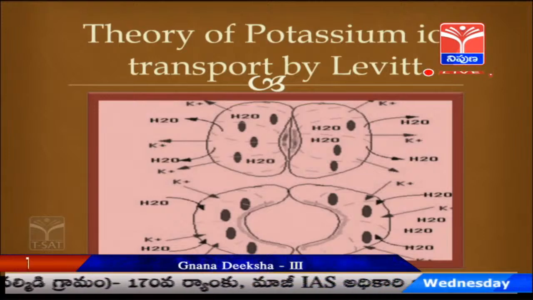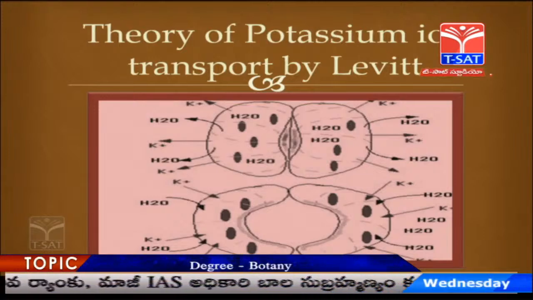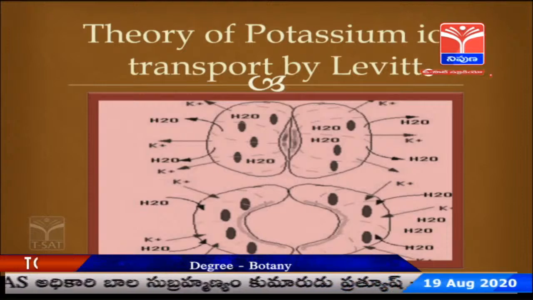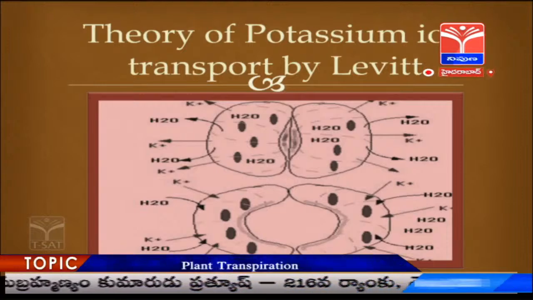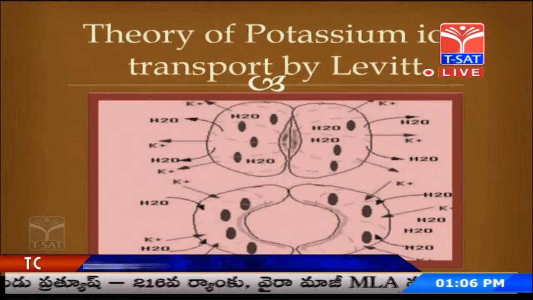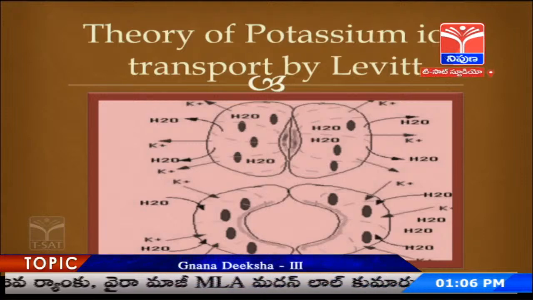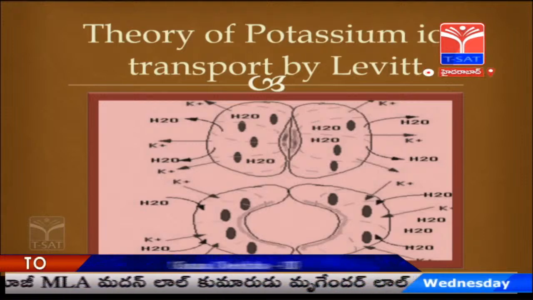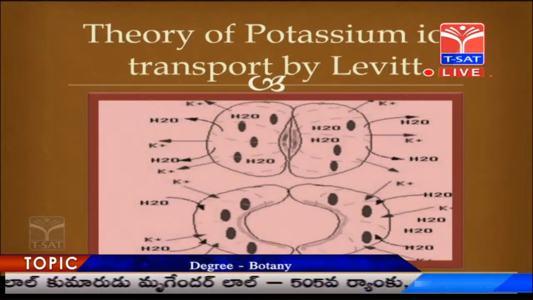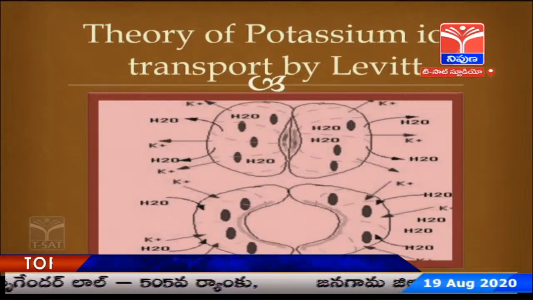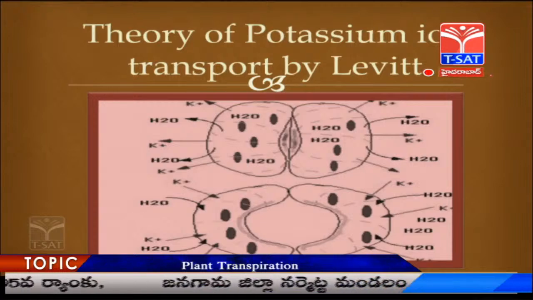They maintain that electrical balance, leading to turgidity and opening of the stomata. This is known as the potassium ion pump. So, H plus extrusion occurs and the hydrogen ions go outside and potassium ions come inside and lead to opening of the guard cells.